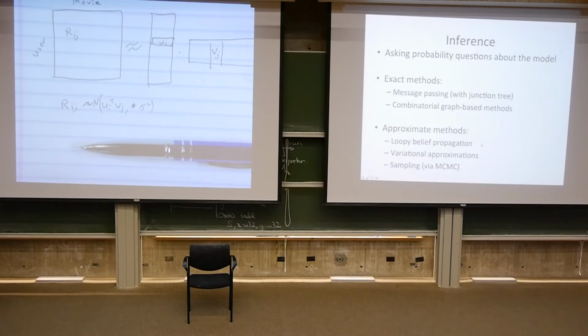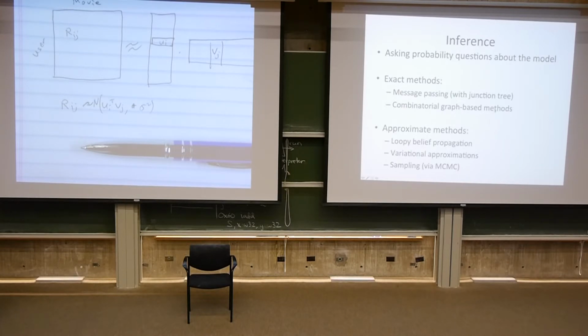There's three big ones. In the case where you have a grid or something, and you don't have to worry about continuous distributions, but you can't build the junction tree because it's too big, you can do something called loopy belief propagation. In general, you can do variational approximations, or you can do sampling, which I'll talk about more in a second.